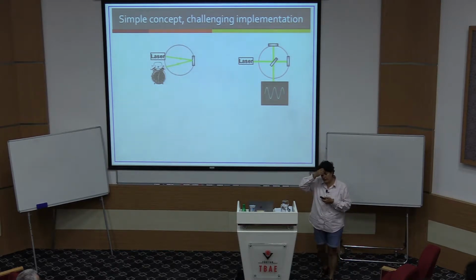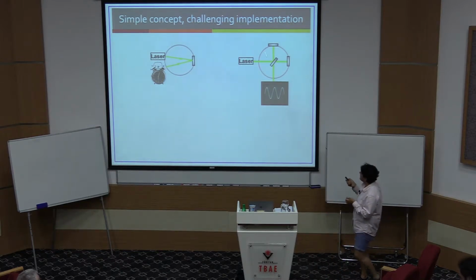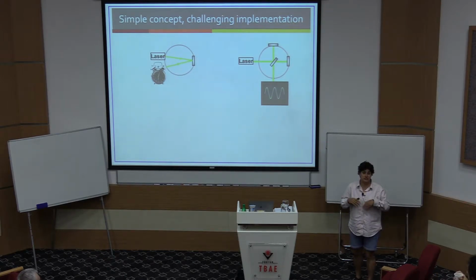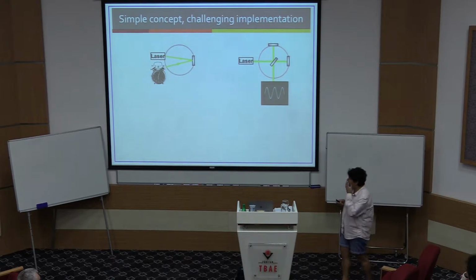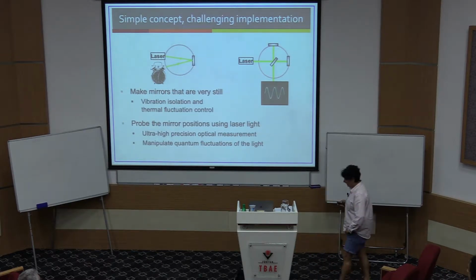And this becomes even more interesting because we operate at the dark fringe, a device operating around a zero, which is a very powerful technique in experimental physics. So we're going to make the mirrors very still. I'm going to talk about that now, and then we're going to probe the mirror positions using light, and I'm going to talk about that tomorrow.